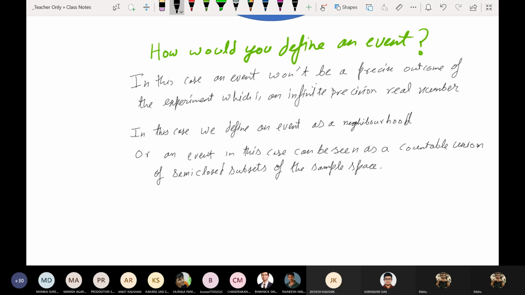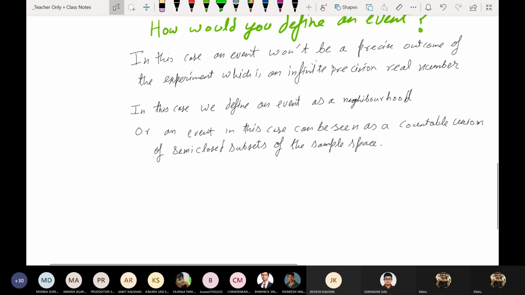So let's dissect this definition a bit. I define an event E for the continuous space omega.